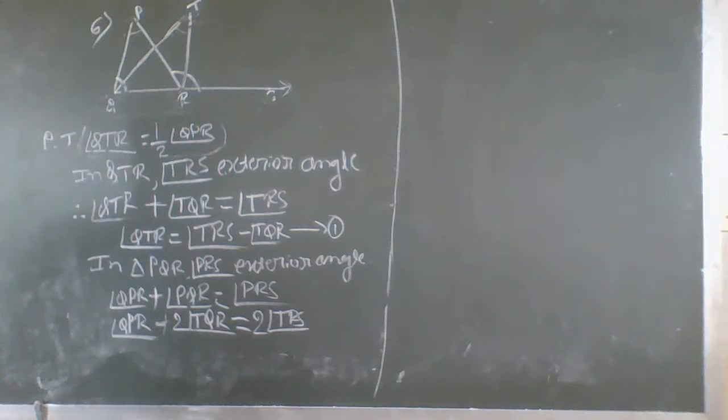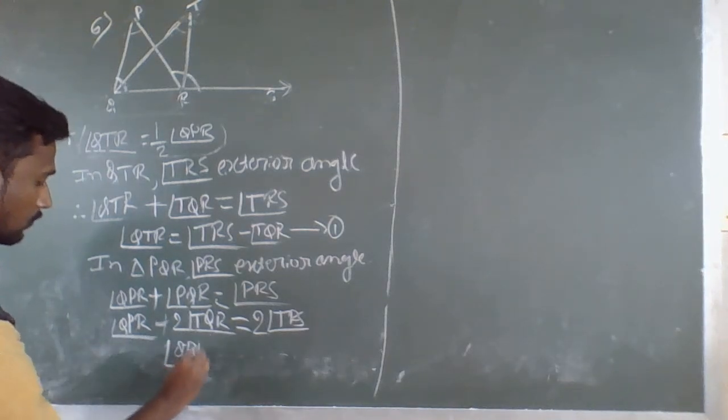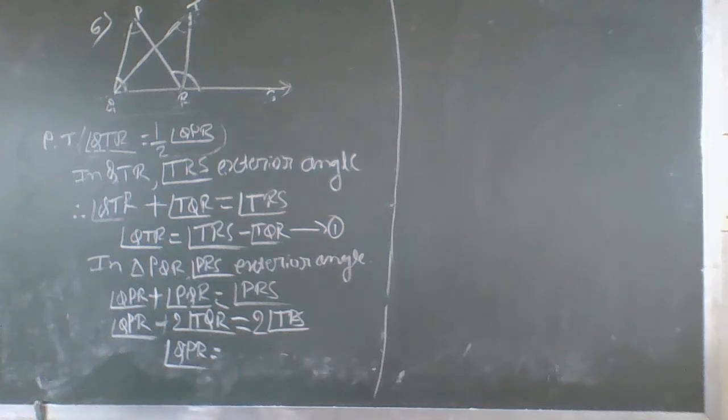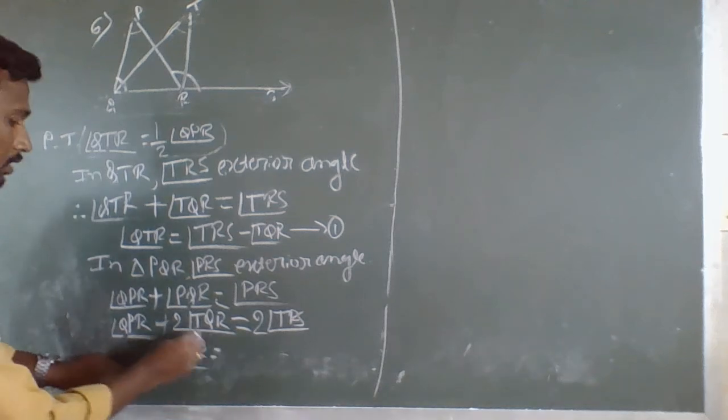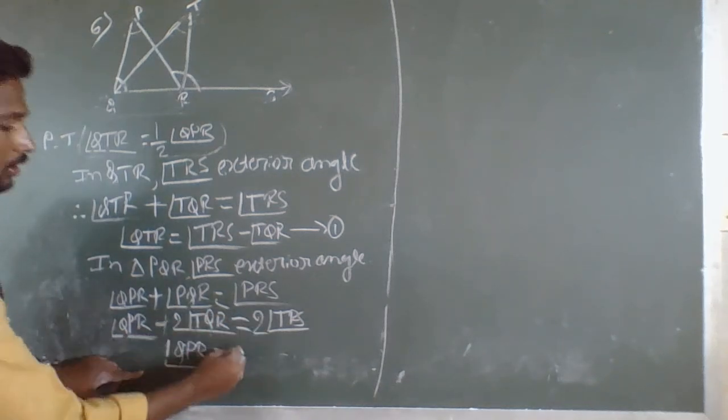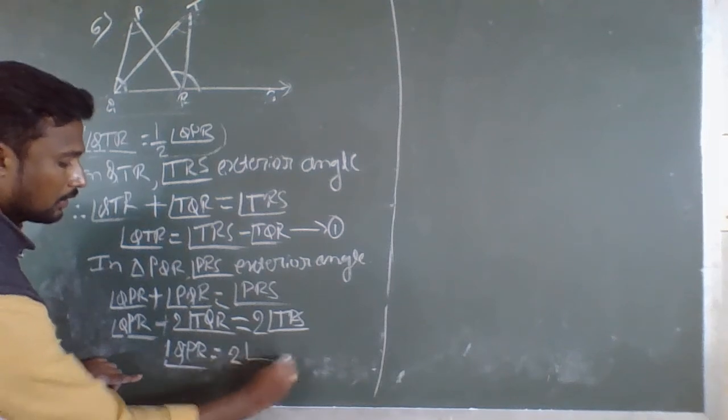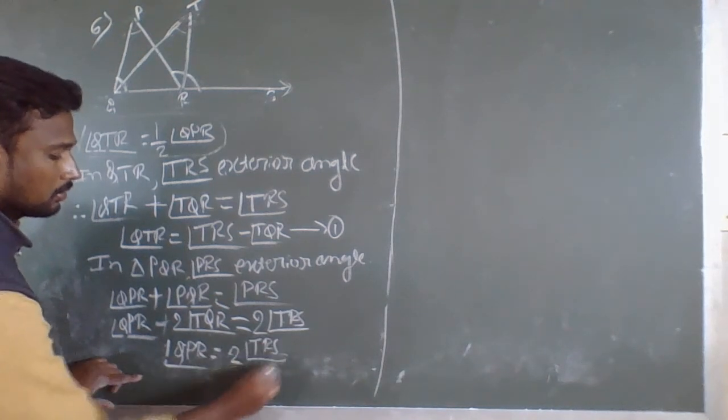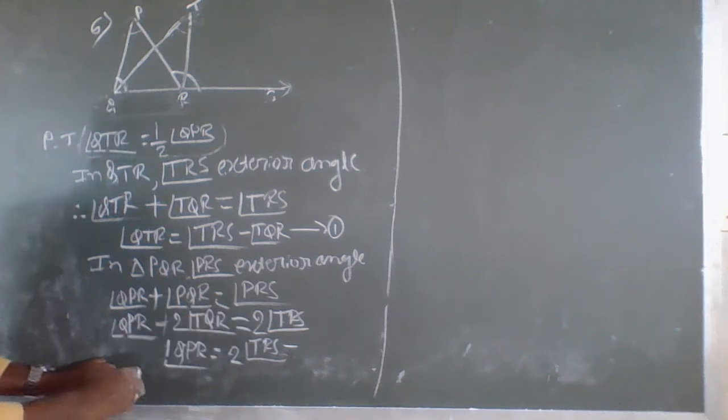So angle QPR is equal to 2 angle TRS minus 2TQR.